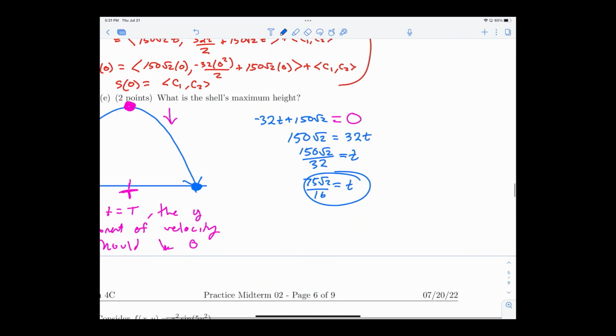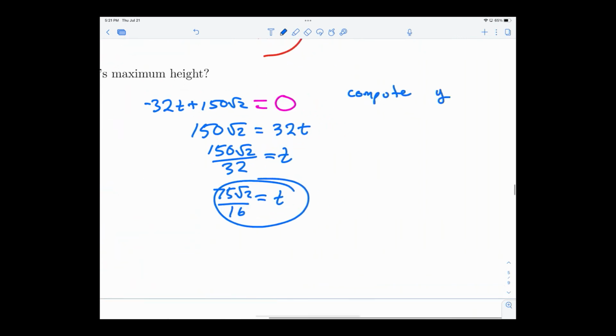So what we have to do is compute the y position at this time. Position, remember, is the s of t equation at t equals 75 square root 2 over 16.